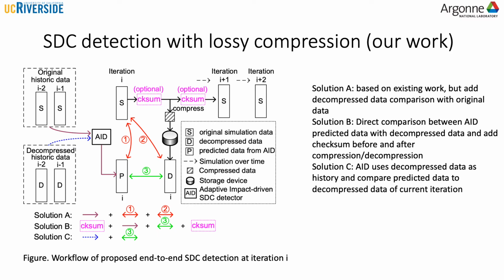So this figure shows the design of our proposed end-to-end SDC detection solutions after the lossy compression is incorporated. Solution A is based on the existing work, where H will only detect SDC in simulation data.